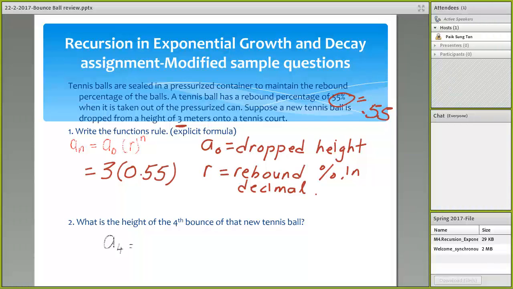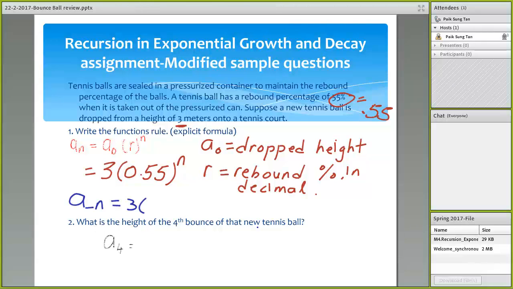Okay, so you do 0.55, and then don't forget the exponent n. When you are typing your work in the Word document and you do not know how to use the exponent sign, you can do this.